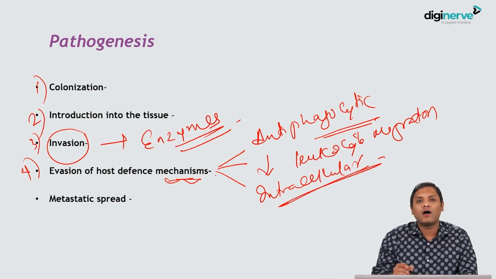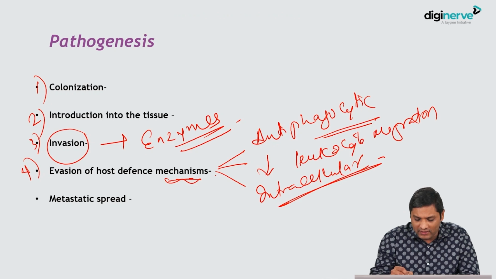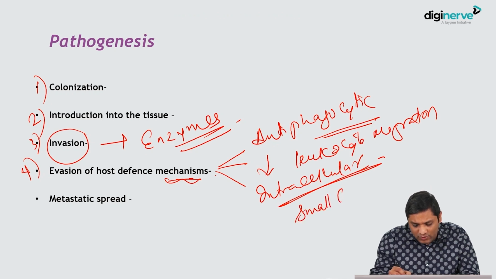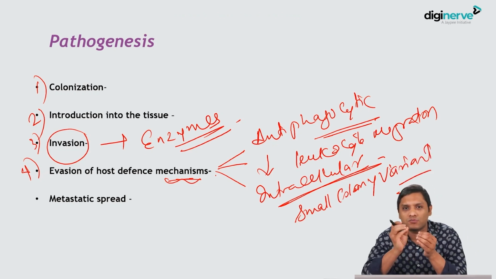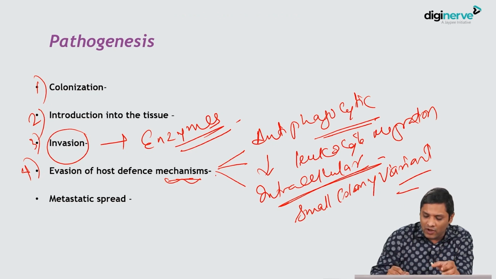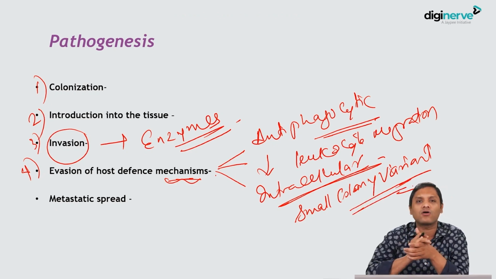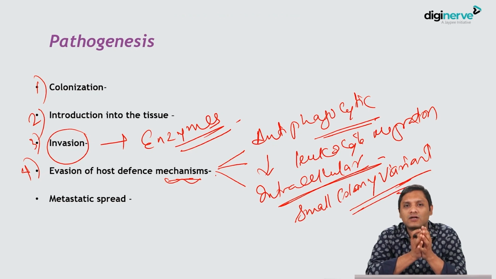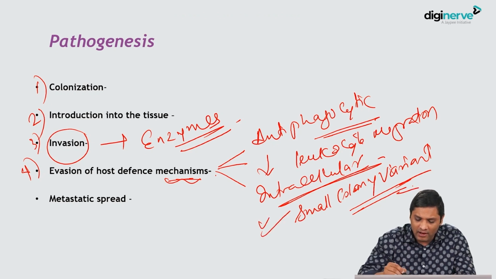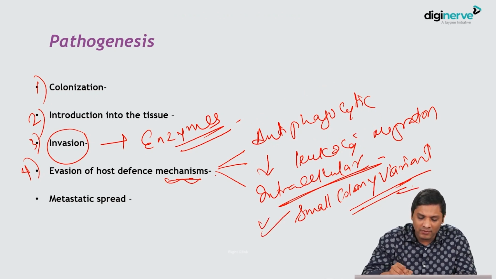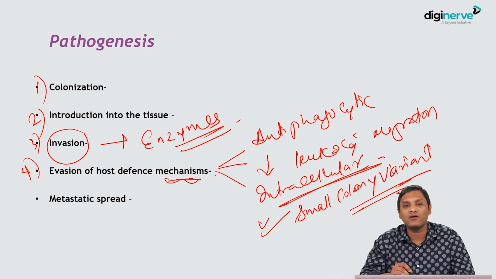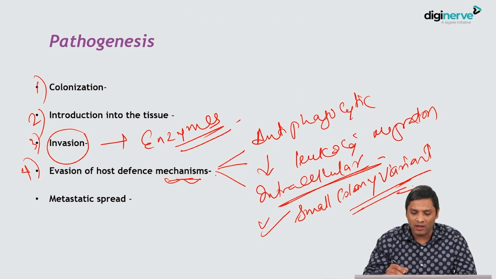Intracellular survival of the organism is possible when the Staphylococcus aureus switches over to smaller colony variants. These variants are called small colony variants. As a result, it can survive inside the host cells. So, intracellular survival and antiphagocytic property are very important reasons for evading the host immune mechanism.